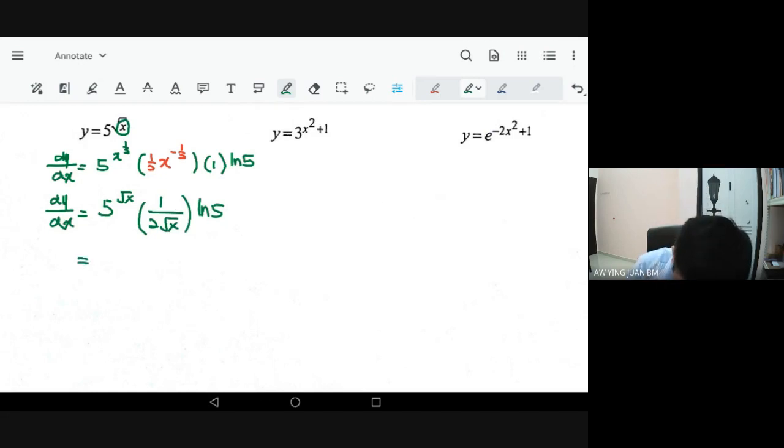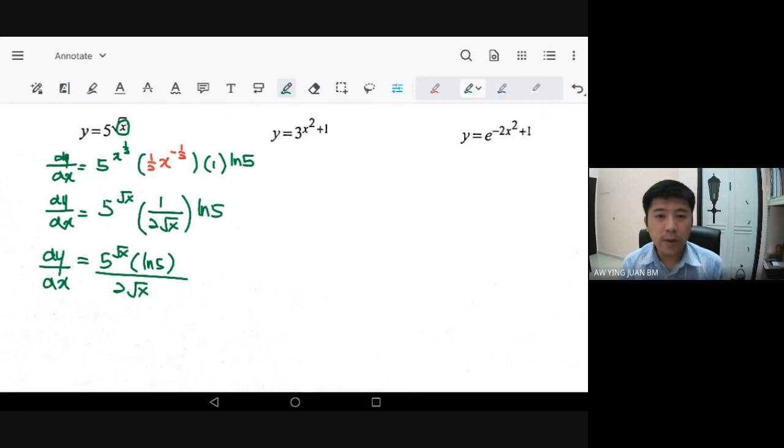So kita ada 5 power of square root of x kurungan ln 5 over 2 square root of x. So ini adalah kita punya dy dx. So you tak boleh simplify ya, sebab power itu adalah power square root of x. Yang bawah tu adalah square root of x. So tak boleh simplify like that. Take note ya. So ini adalah situasi untuk exponential function.